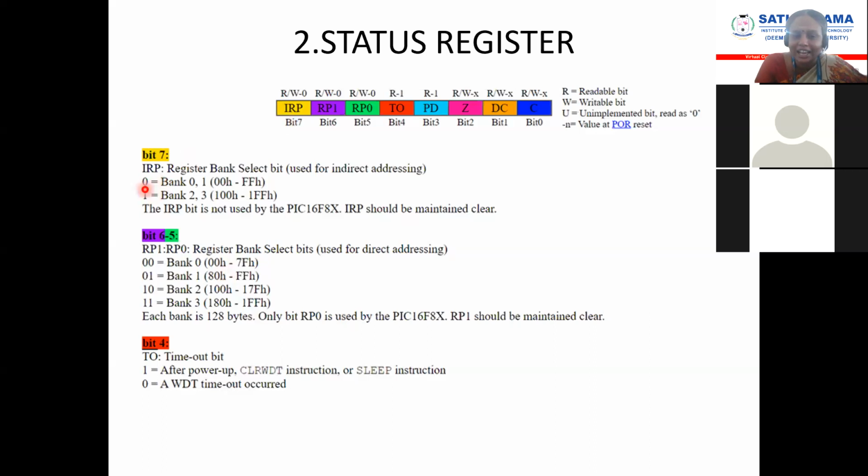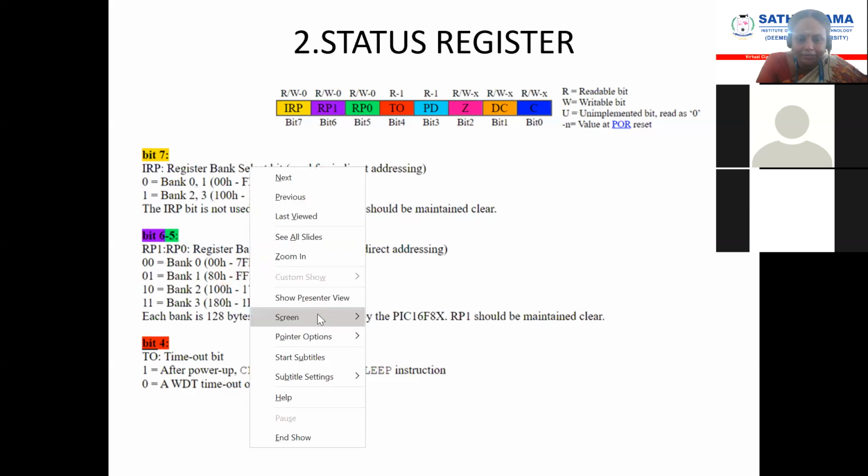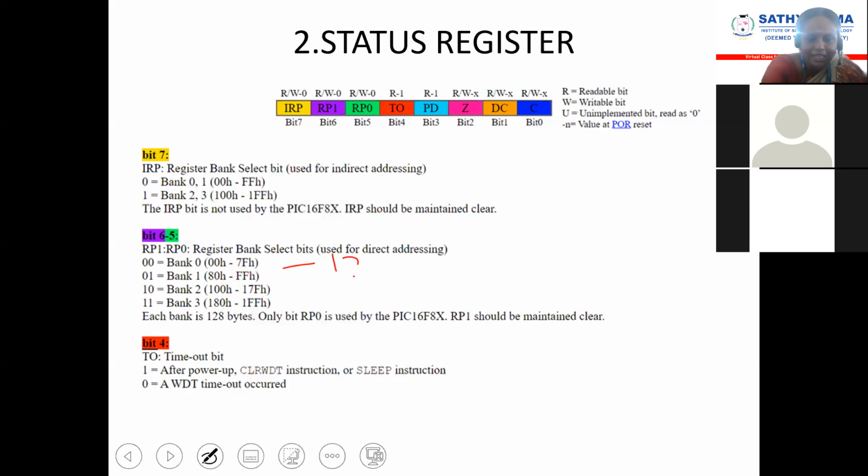If this is 0, it will select bank 0 and 1. Bank 0 and 1 means 00 to FF; you all know 00 to 7F is 128 bytes. So if my IRP is 0, totally it will select 256 bytes.